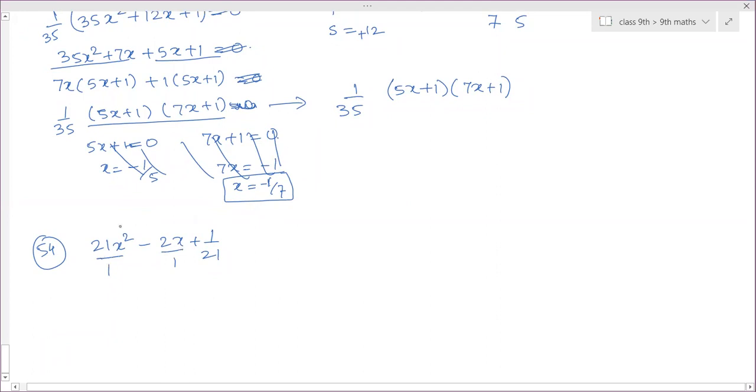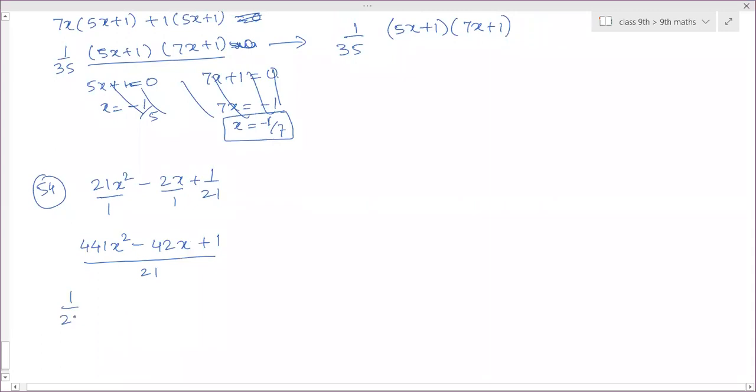So here you have to multiply this fraction with 21. So 21 into 21, 441x square minus 21 into 2, 42x plus 1 by 21. So keep 21 outside, that is 1 by 21, 441x square minus 42x plus 1.